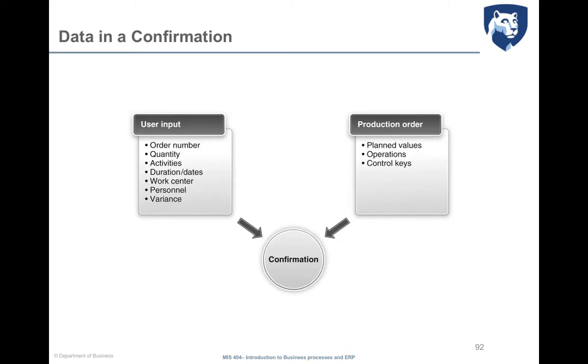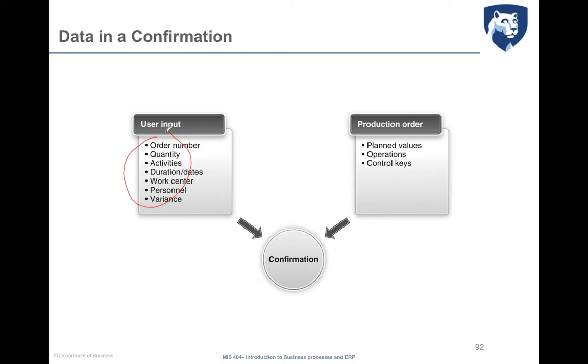The data needed to confirm the order are essentially the ones you see listed here. So you need quantities: you need to know how many goods were produced, how many were scrapped, and how many required rework. Which operations were completed, and also if they involved setup and which machinery they involved.